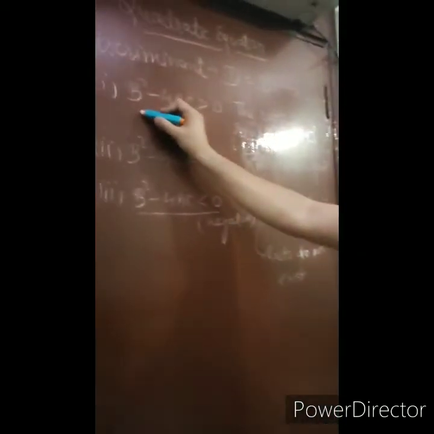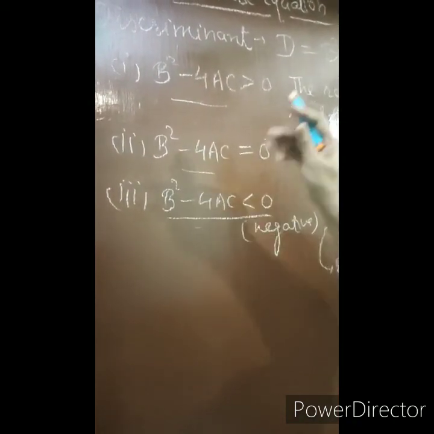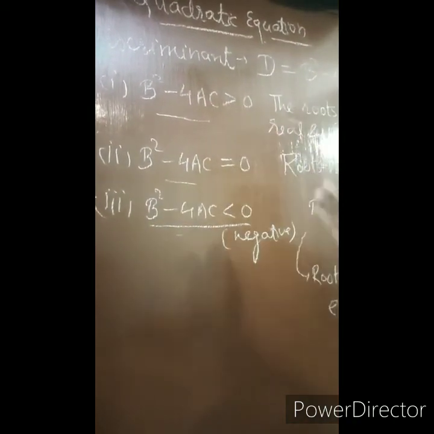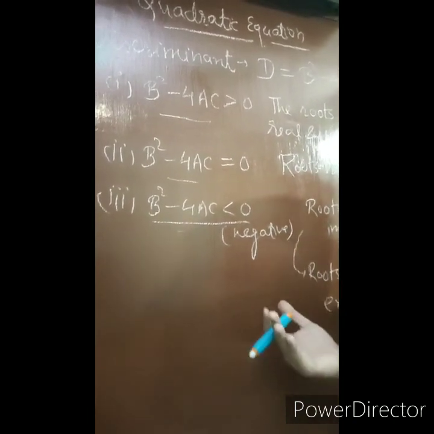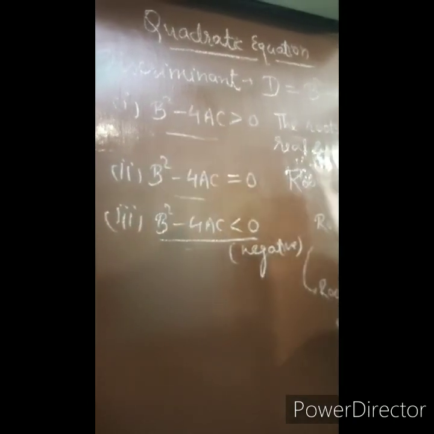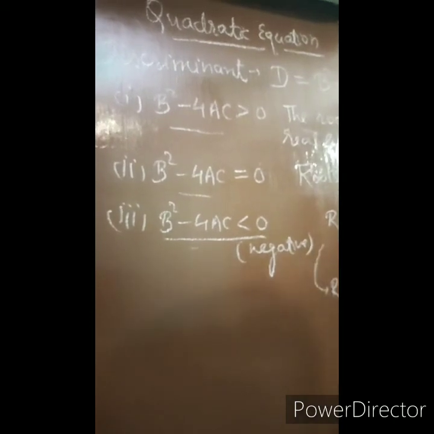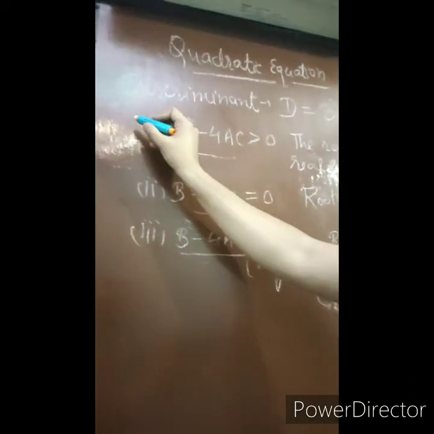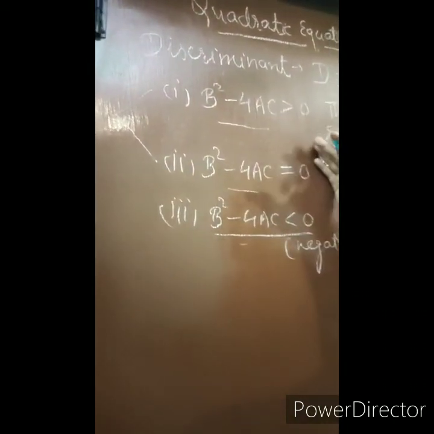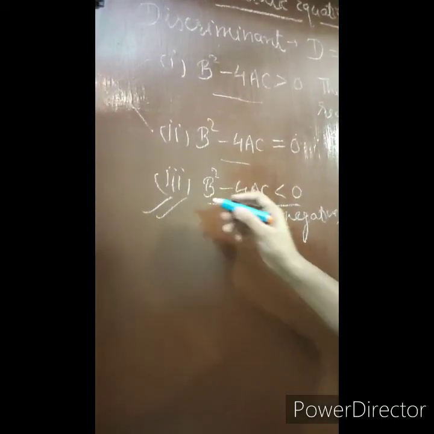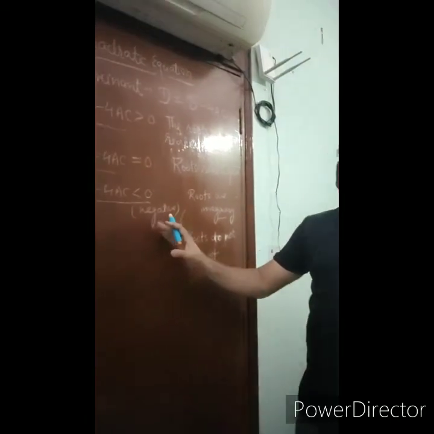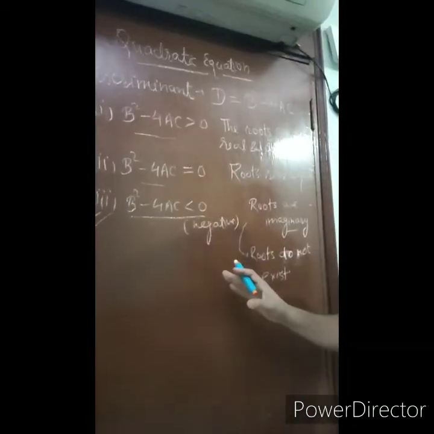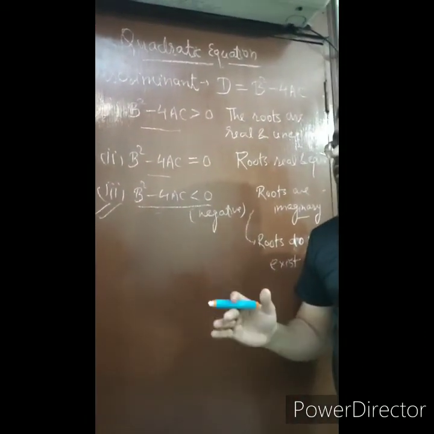So this term b square minus 4ac decides whether the quadratic equation has roots or not, and the type of roots is also determined by the discriminant. If the first two conditions are true, then the roots are real, and if the third condition holds true, then the roots do not exist. This is the whole topic of quadratic equations which we have learned today.